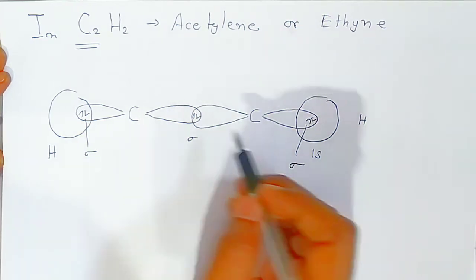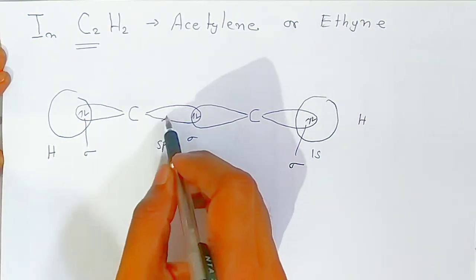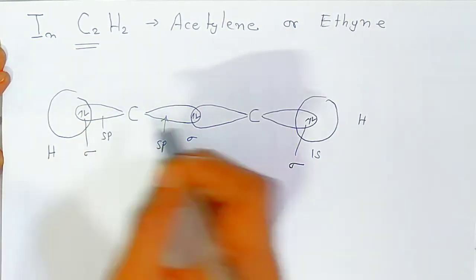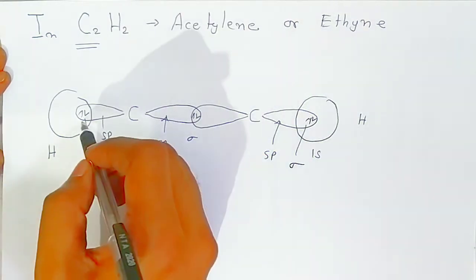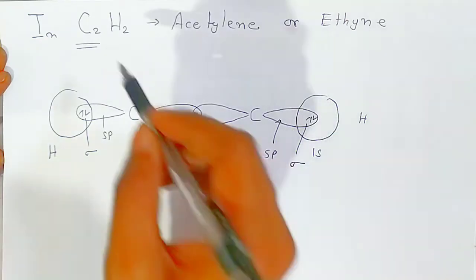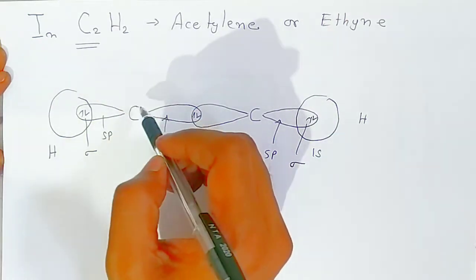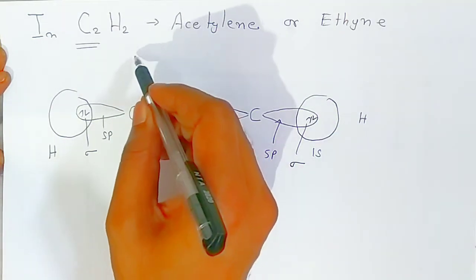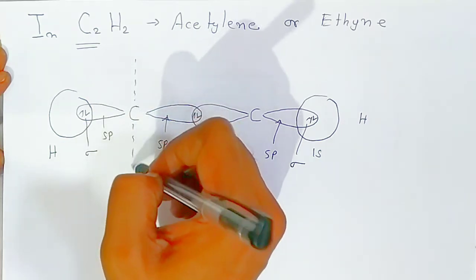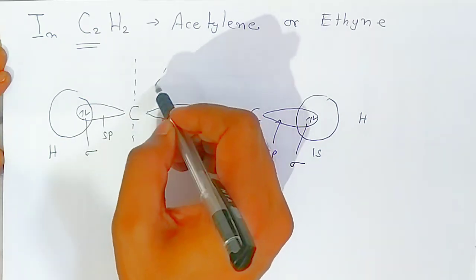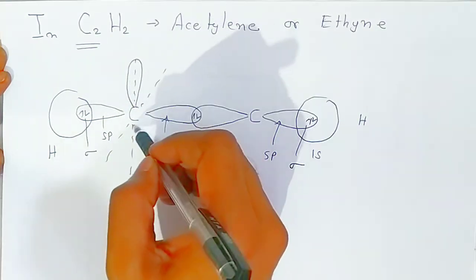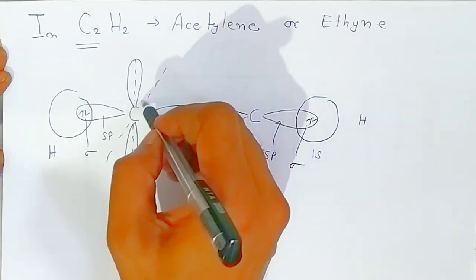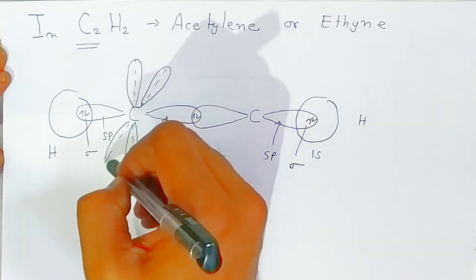Now what happens students? These are the sp orbitals. Now students, because this carbon also has pure atomic orbitals, this is the z axis, this is your x axis. So these are pure atomic orbitals on the z axis, and this is the y axis.